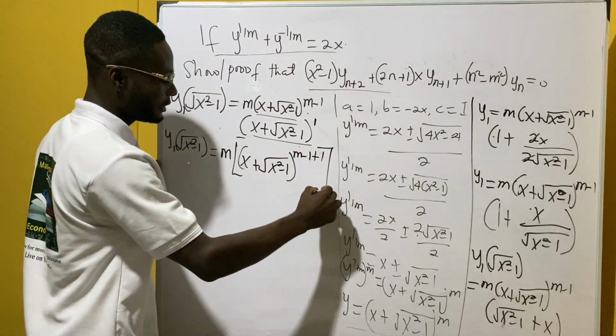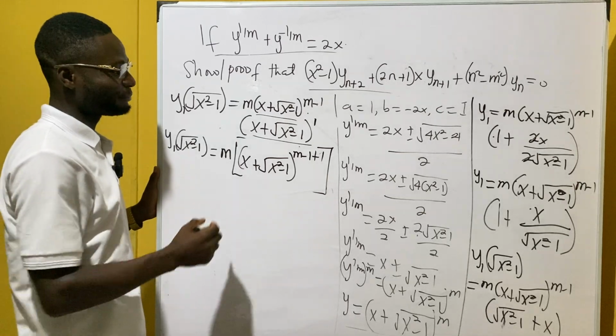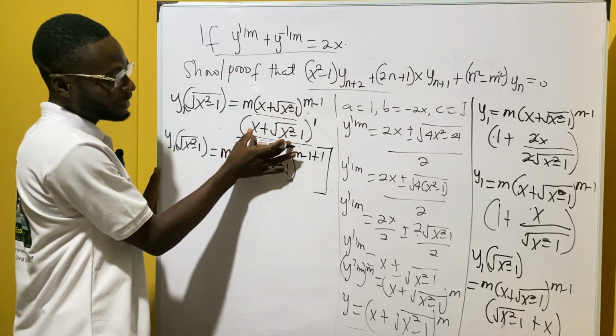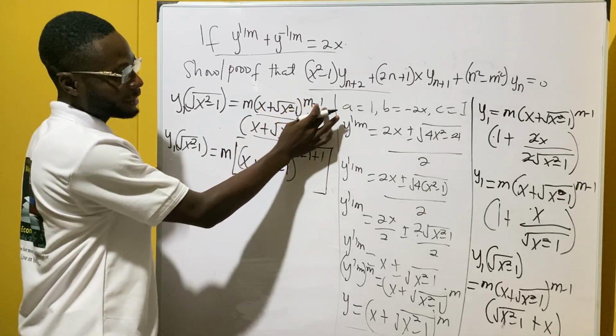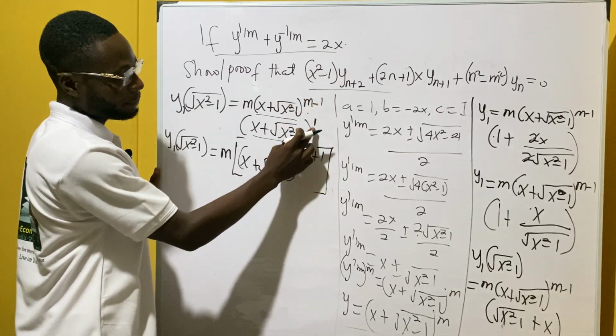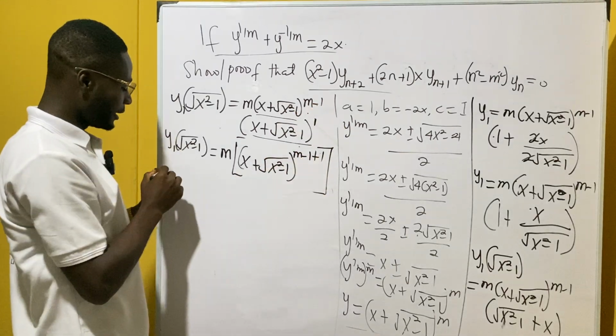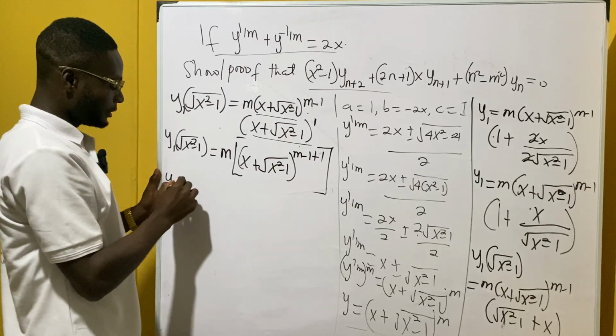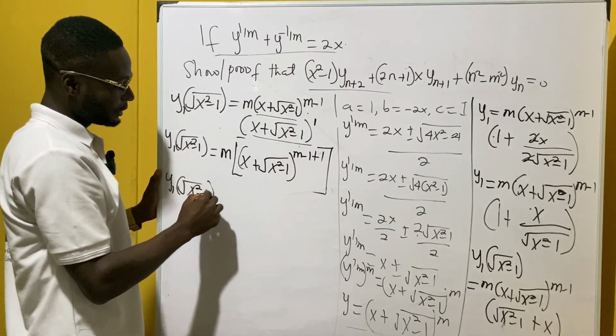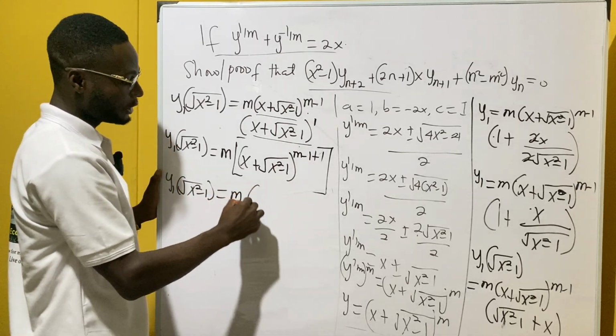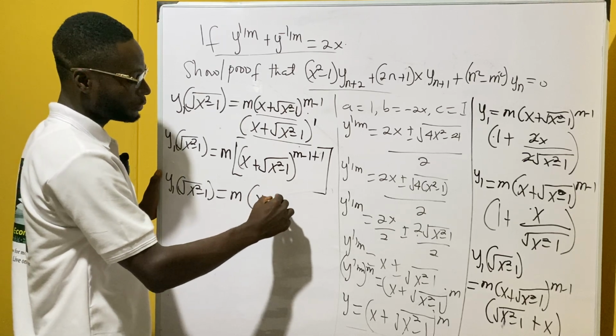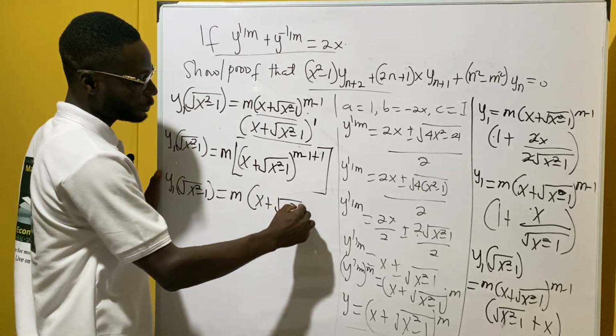Very simple. So m minus 1 plus 1 is equal to m, so we have x plus square root of x squared minus 1 to the power m.